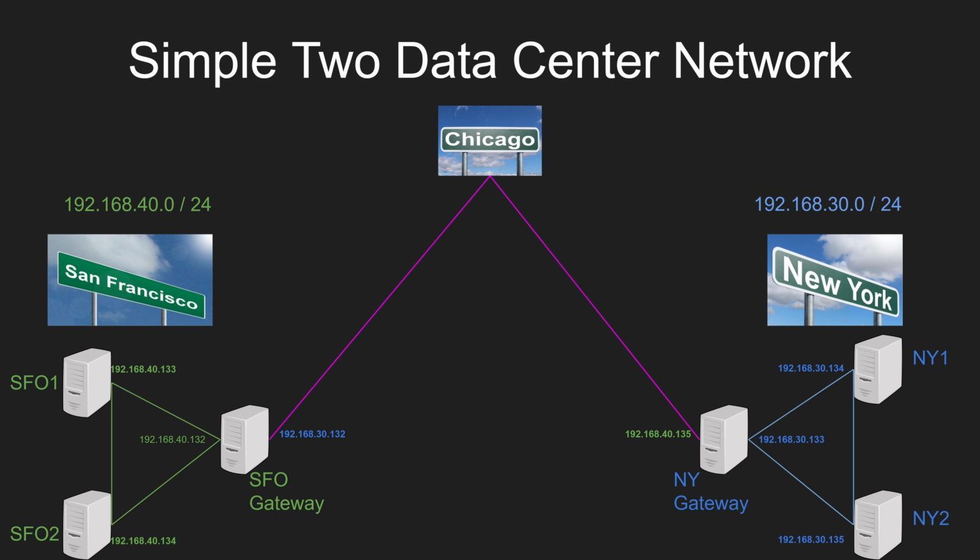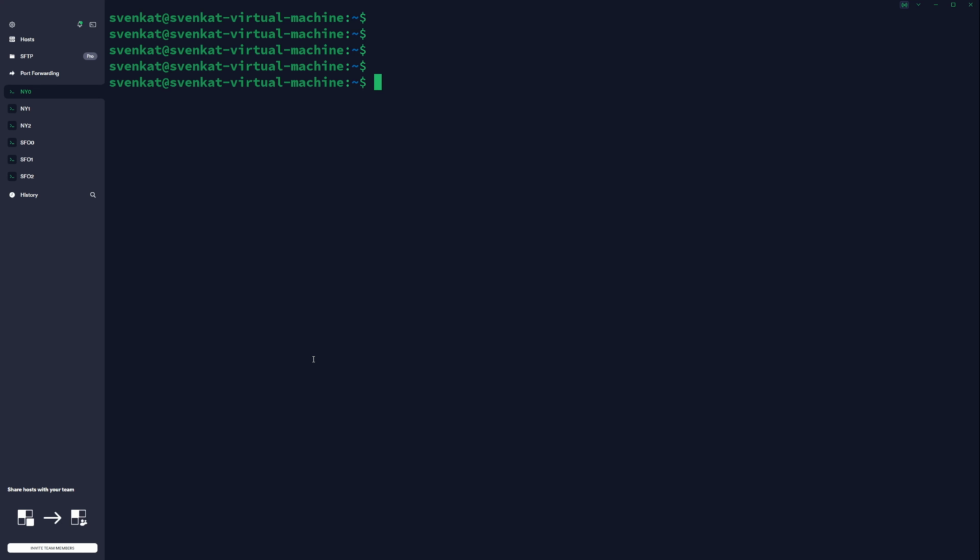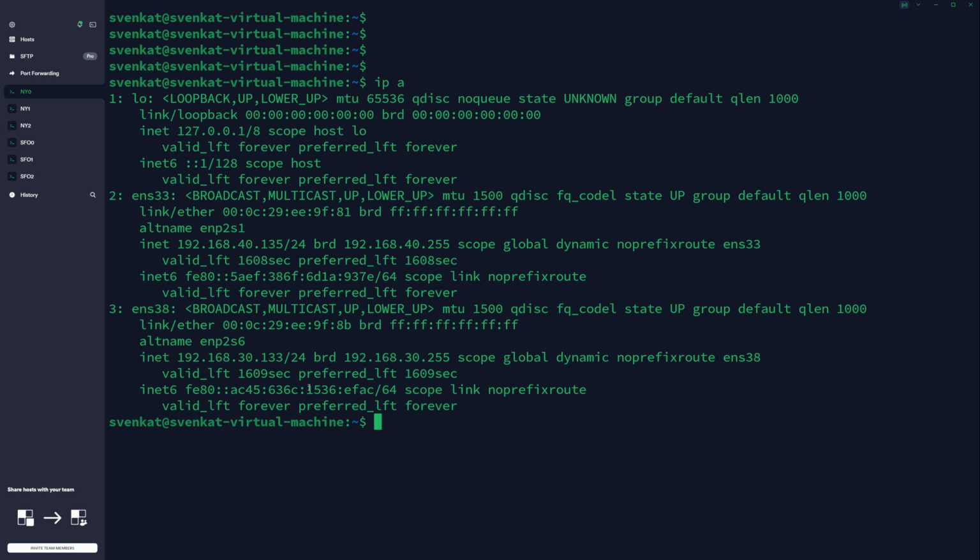Now let's go to each of these computers and see how the networking is configured on them. Let me switch over to New York first. I am in the New York 0 computer right now, and let me see what network interfaces are running on it. ip a is the command, and you can ignore the first one, which is the loopback link.